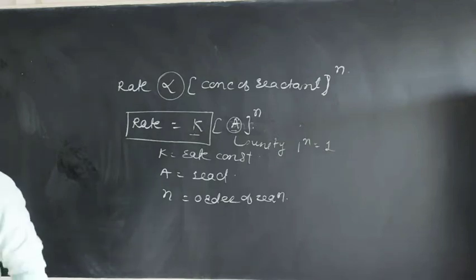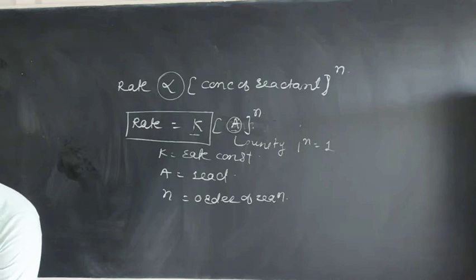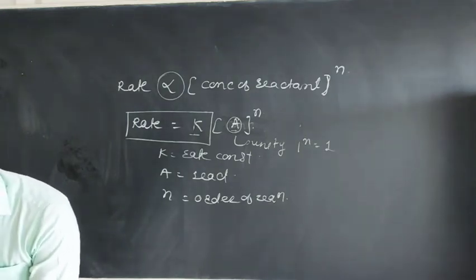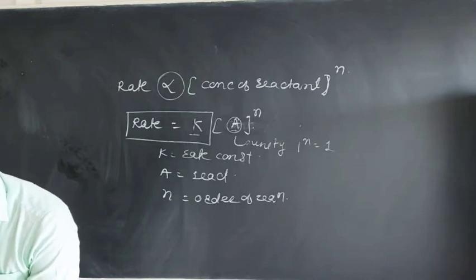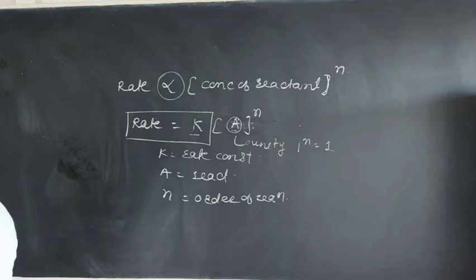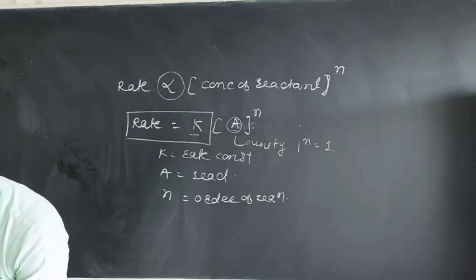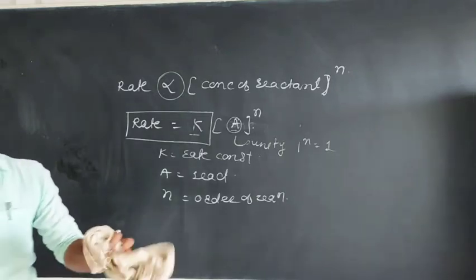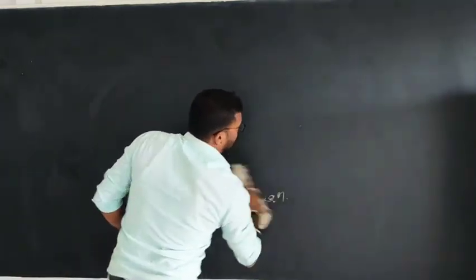According to order of the reaction, reactions are classified as first order, second order, third order, zero order, or fractional order reactions. One by one we want to solve the integrated rate equation for each order of reaction. I am starting with the first order reaction.